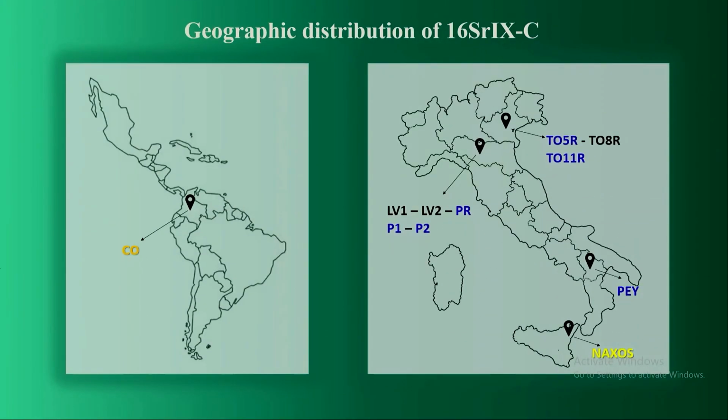So, the samples tested in this work do not belong within the Candidatus phytoplasma phoenicium distribution area. Indeed, they came from Colombia and Italy. The reporting I told before is the only one present in the literature.